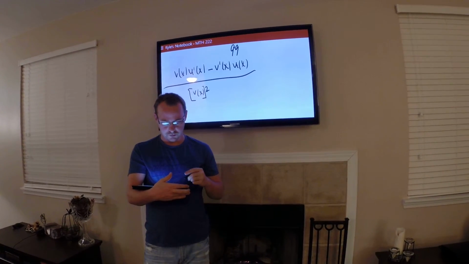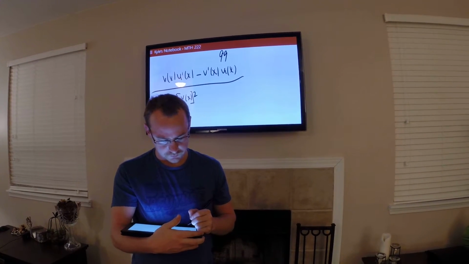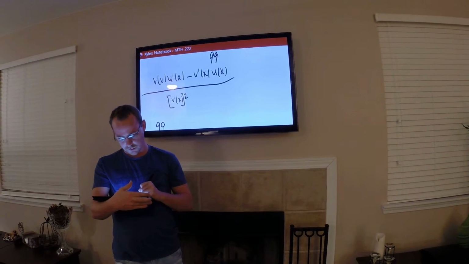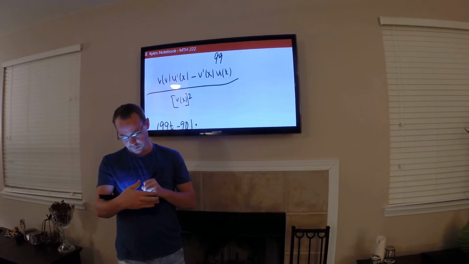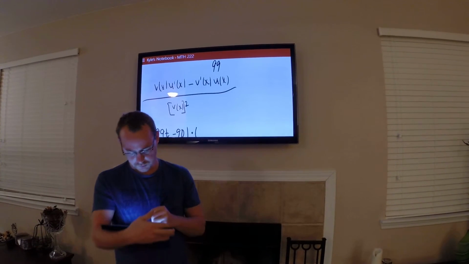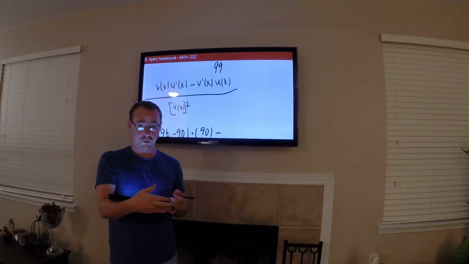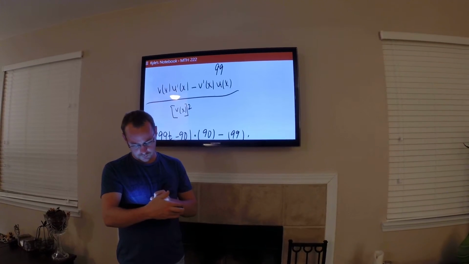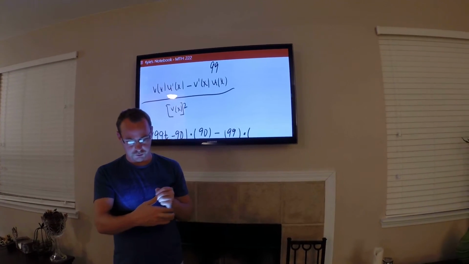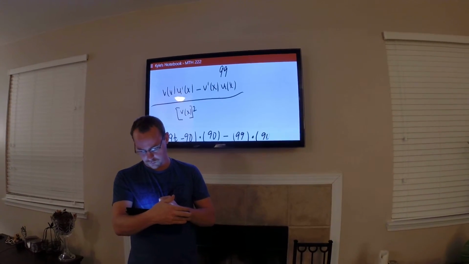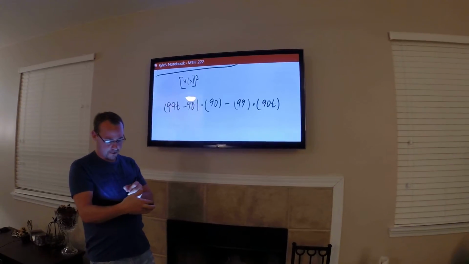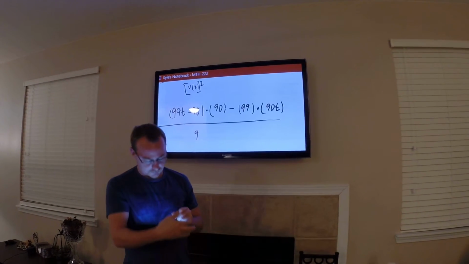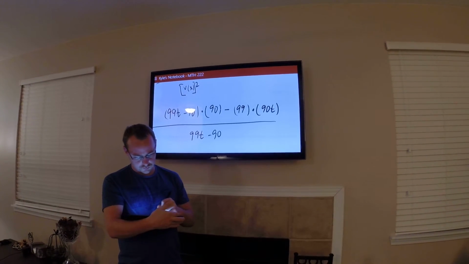So let's plug that in. v of x, which is (99t minus 90), multiplied by the derivative of u of x, which is 90, minus the derivative of v, which is 99, times the function u of x, which is 90t, all over 99t minus 90 squared.